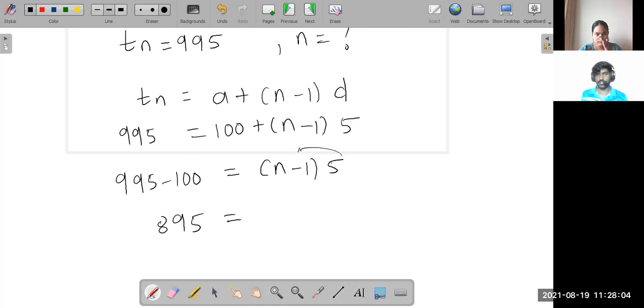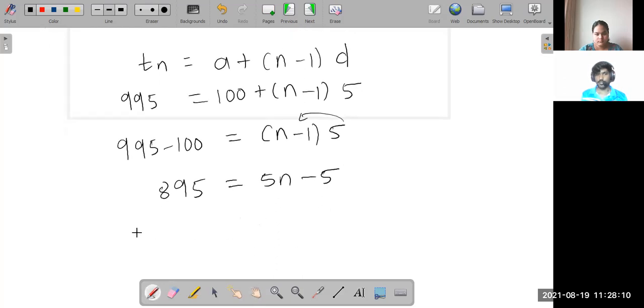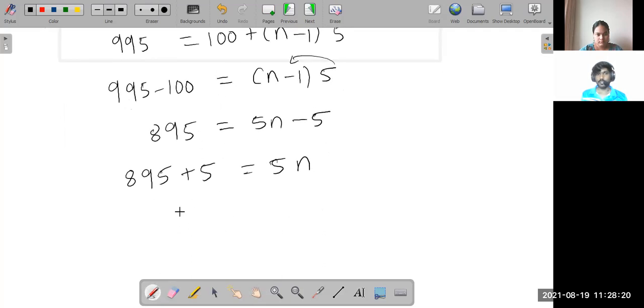Multiply the 5 inside the bracket, so it becomes 5n minus 5. Take minus 5 to the other side, it becomes plus 5. So 895 plus 5 is equal to 5n. 895 plus 5 is 900. So 900 is equal to 5n.